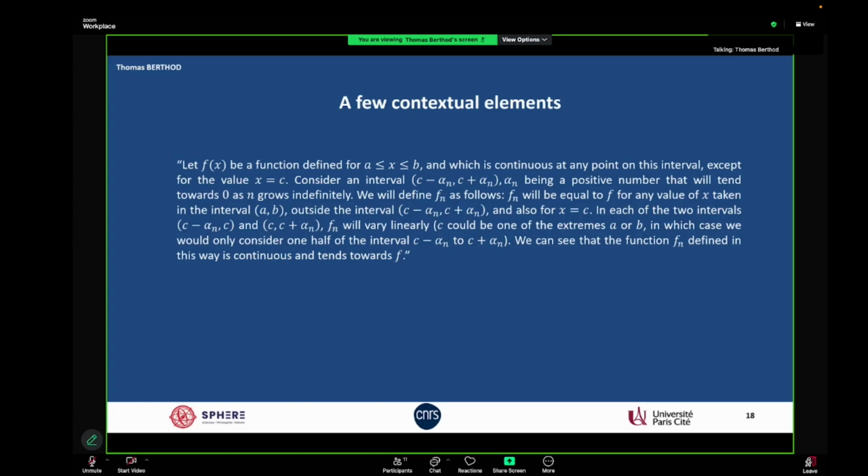Here you could consider the sequence alpha n, equal to 1 divided by 10 to the n, and this is the increment to construct the different terms of your sequence. So f1 is for alpha 1, f2 is for alpha 2, and so on, and alpha n tends to 0, so there is no problem.